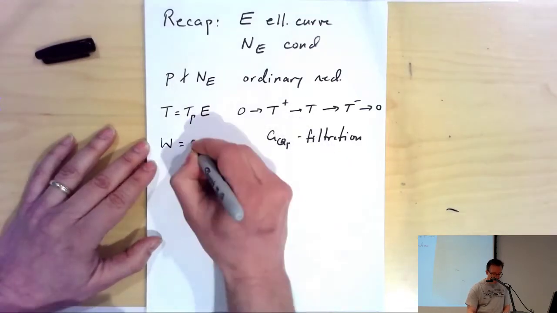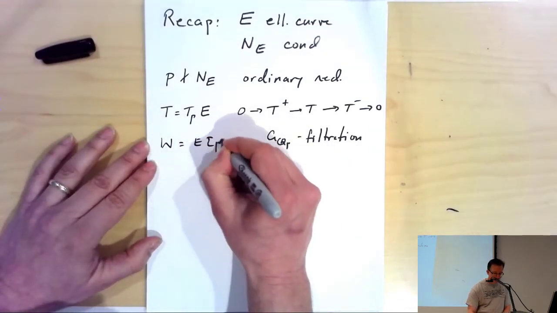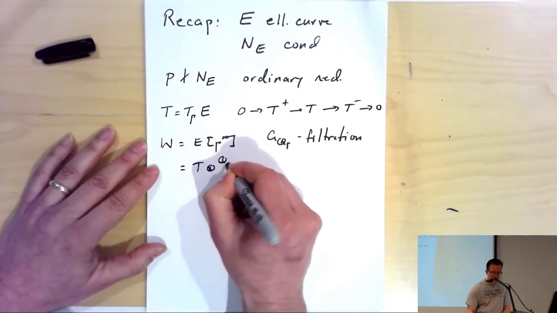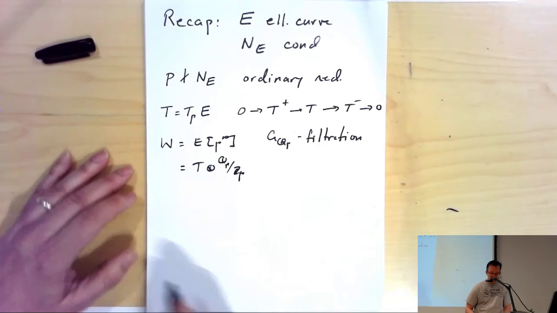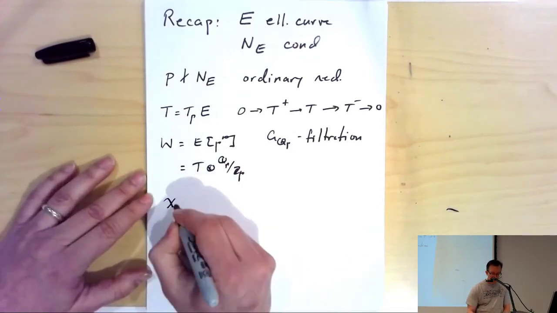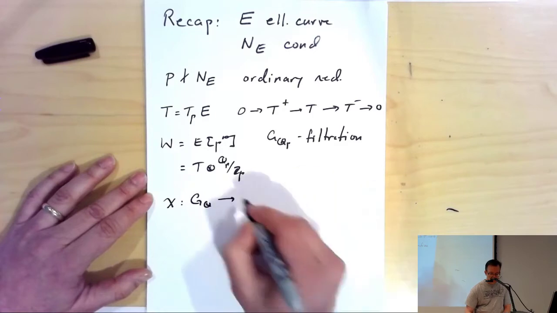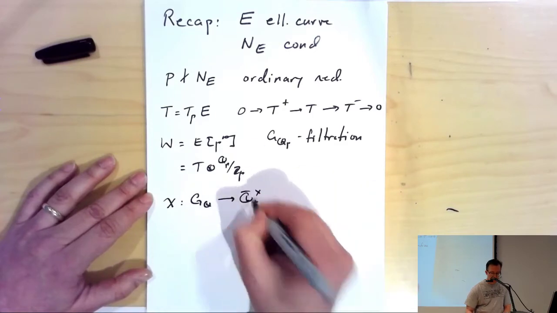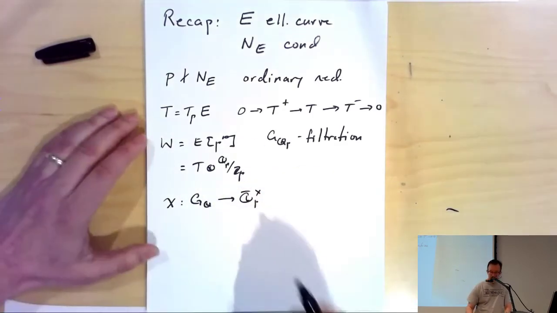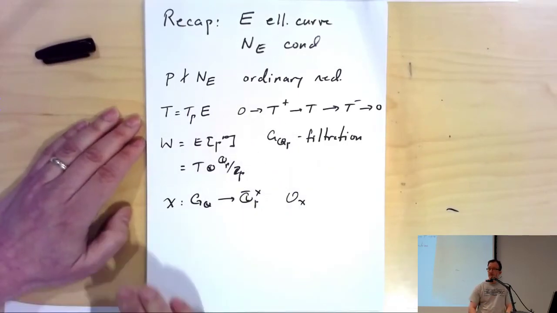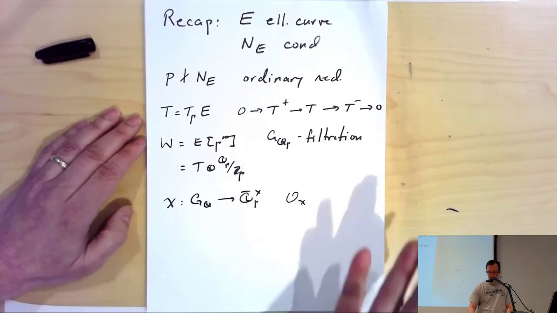W is the p-divisible group, which is just T tensor Q_p mod Z_p. And if we had a finite character chi of the Galois group of Q into, well, say into Q_p bar cross, but since it's finite, there'll be some ring of integers in some finite extension of Q_p that contains the values of chi.